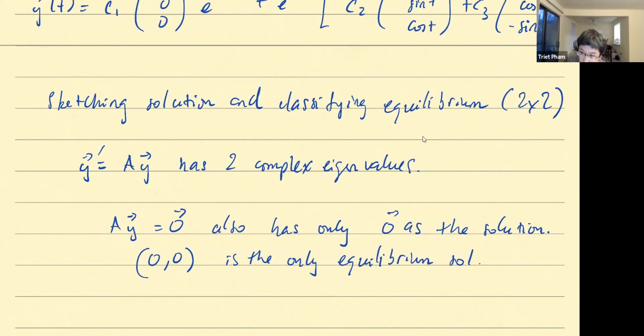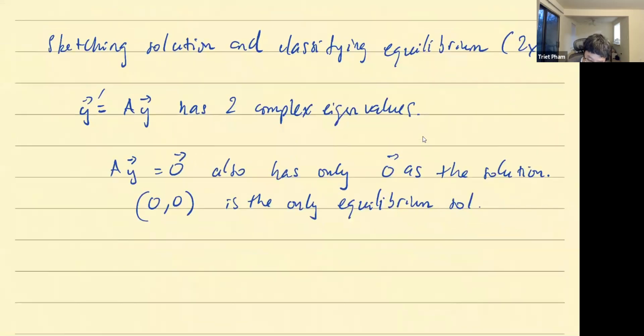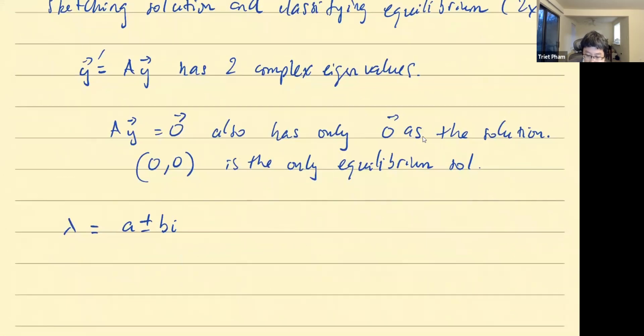So we want to classify this origin and also want to sketch a few solutions, right? The eigenvalues will be of this form. Okay. So we'll have cases, but the case will be dependent on the sign of A. All right. So we have 3 cases.